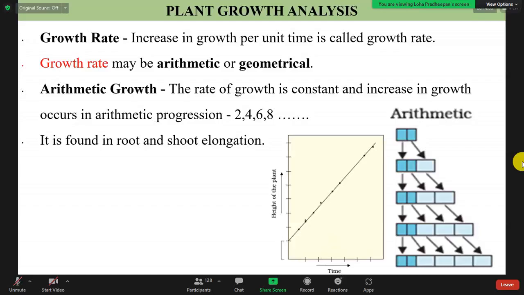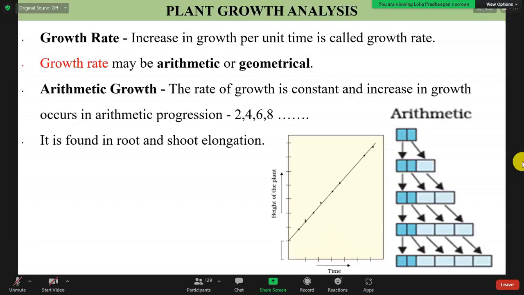That growth rate may be arithmetic or geometric. Arithmetic growth indicates the rate of growth is constant, and the increase in growth occurs in arithmetic progression, like 2, 4, 6, 8.